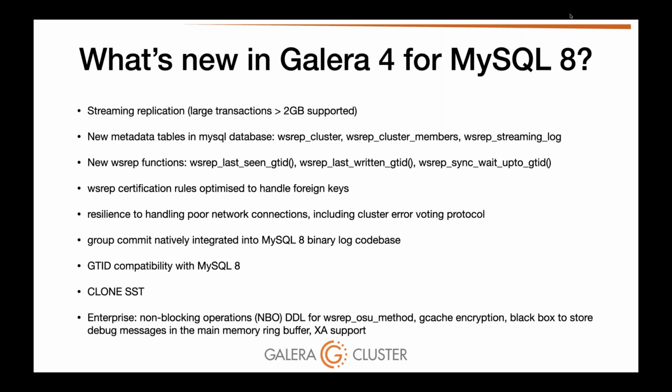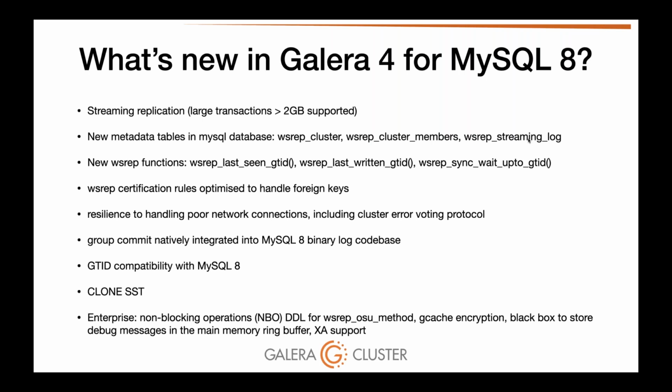We also have a couple of new metadata tables in the MySQL database. This is the WSREP cluster members, and the last one's for streaming replication. You will notice that some of this data is actually kept in the grastate.dat file or the gvwstate.dat file, but this is exposed now within the server. There are also a couple of interesting new WSREP functions.